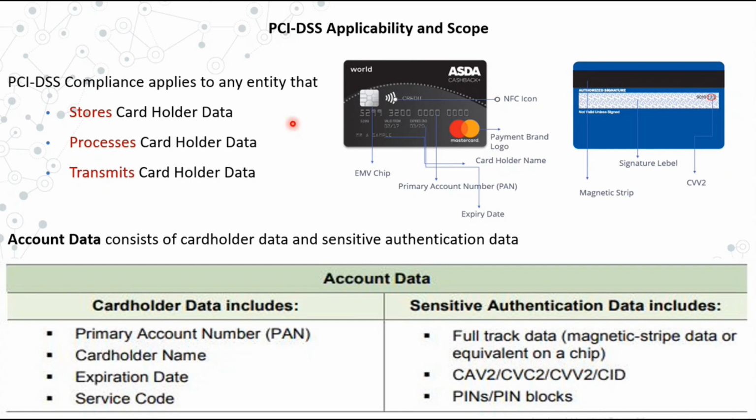Again, this is not mandatory, but if you are storing, processing, and transmitting cardholder data, and you are PCI certified, then your business will be on another level, because that gives confidence to your customers, your B2B partners, or your acquirer that this particular entity is PCI certified. It means they are following all the security best practices to secure the card data. I hope I'm clear with it, right? The store, process, and transmit.